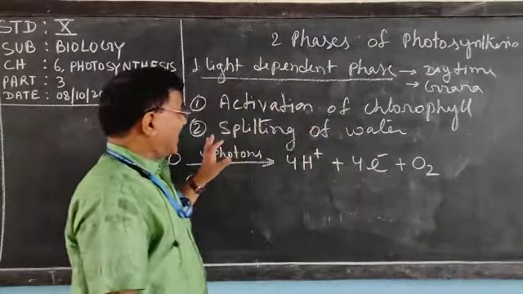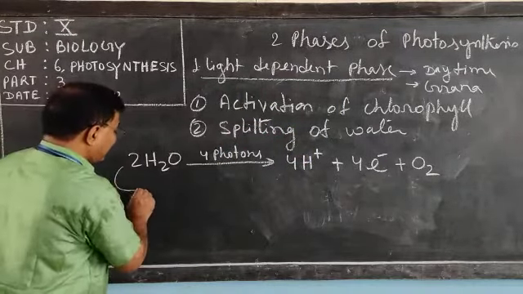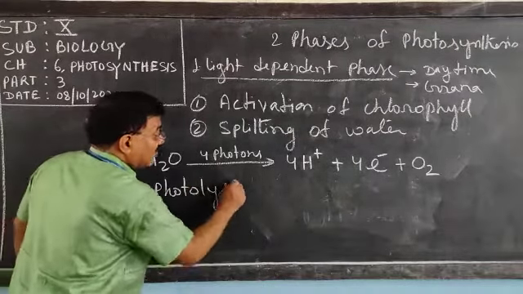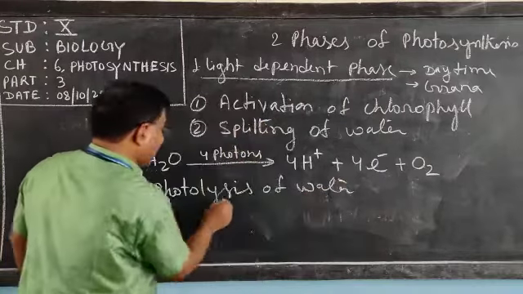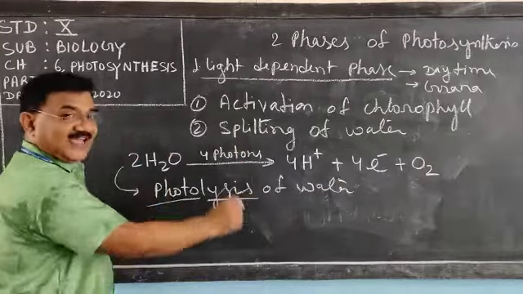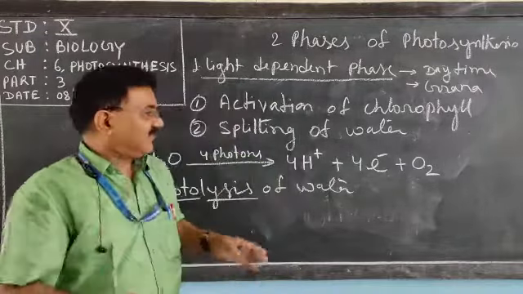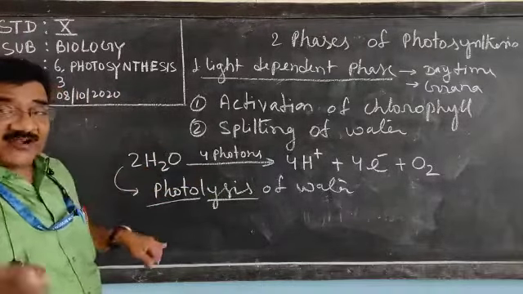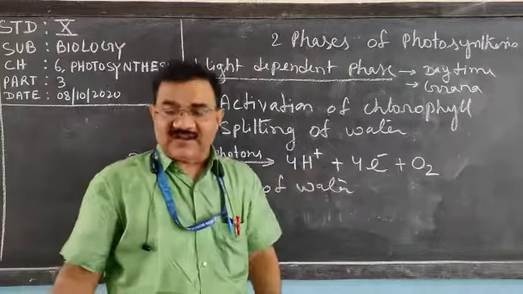Since splitting of water takes place in the presence of light, we can also call it photolysis of water. Photolysis means what? Lysis means breaking and photo means light. So, breaking of water in the presence of light. Four photons are required to break 2 molecules of water to form 4 hydrogen ions and 4 electrons.